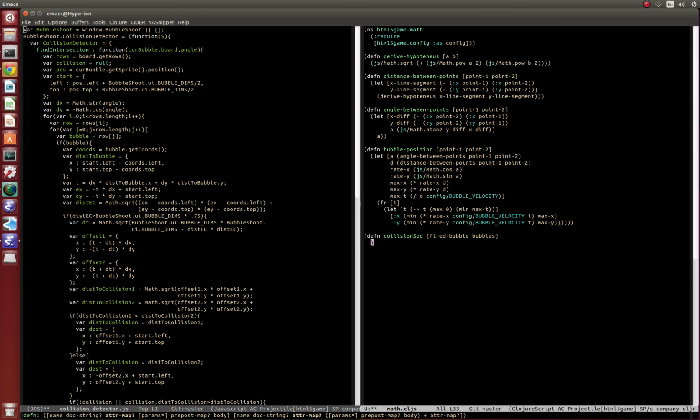Position current levels dot get sprite step position. Okay, so I can do that at least. Just copying what he does, basically. Okay.